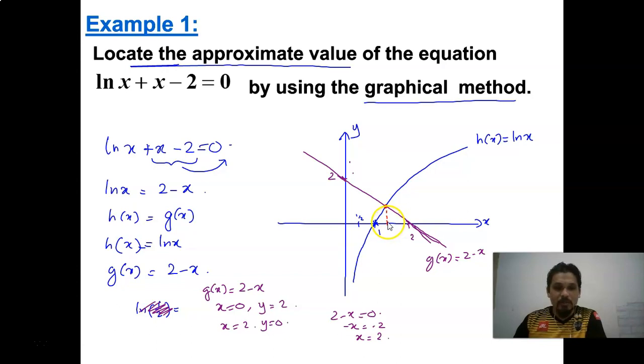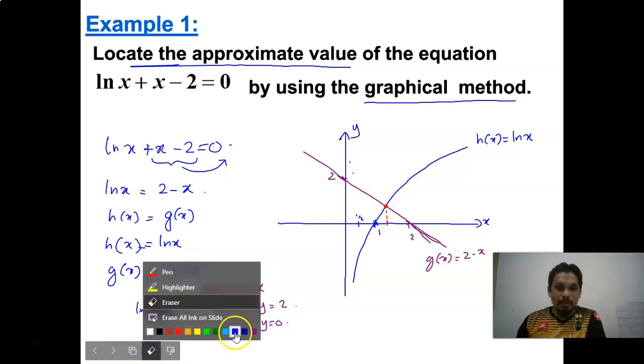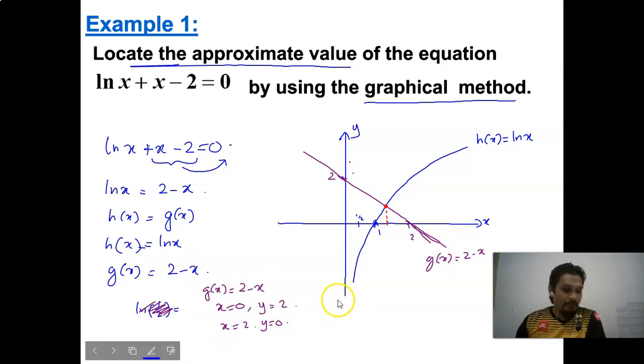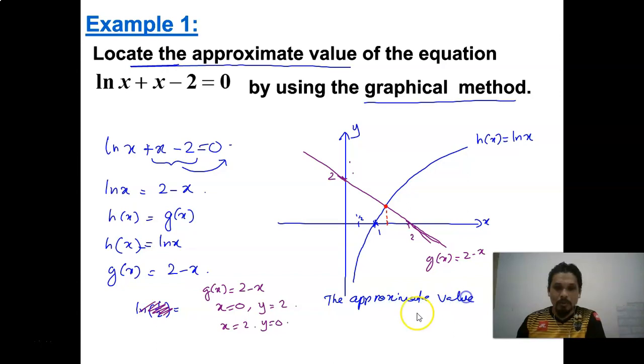There is no accurate value, but we can just estimate the approximate value, approximately 1.5, in between 1 and 2. So the approximate value is x equal to 1.5.